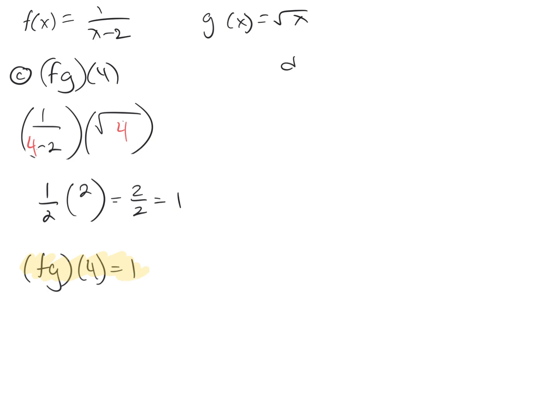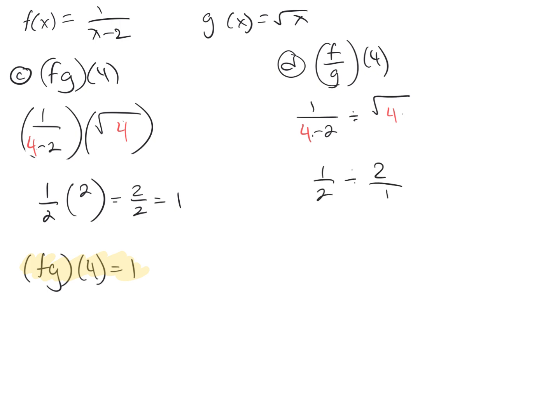And now for D, they're asking us f divided by g of 4. So I'm going to go ahead and do 1 over x minus 2 divided by root x. Again, I'm plugging in those numbers, 4 and 4. So I end up with a half divided by 2.